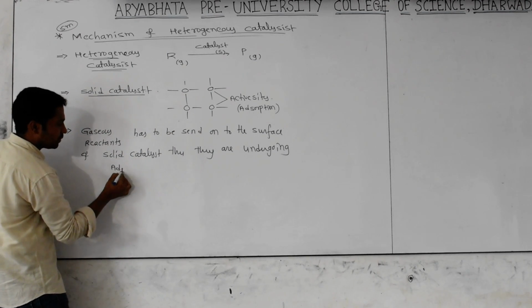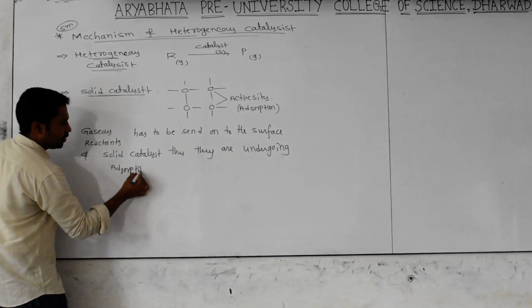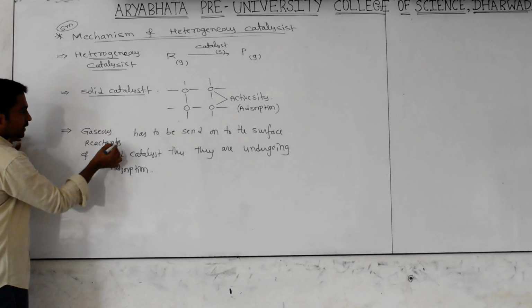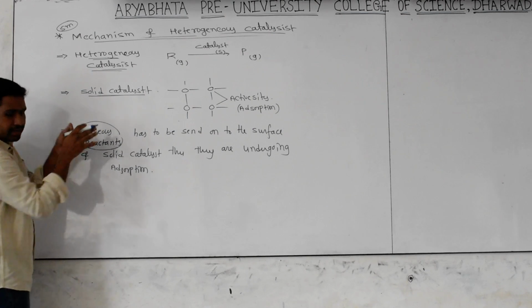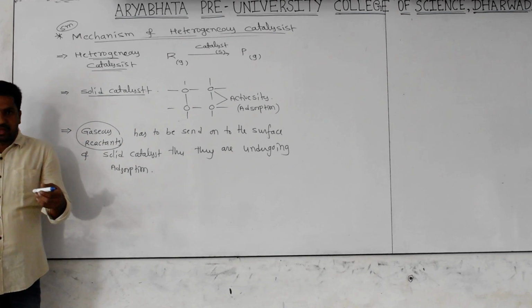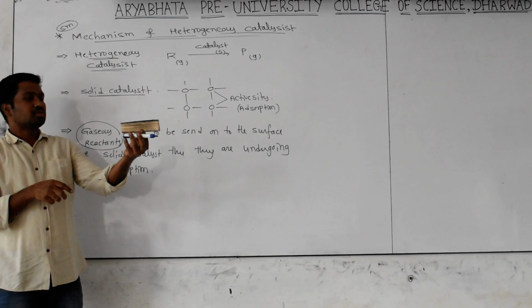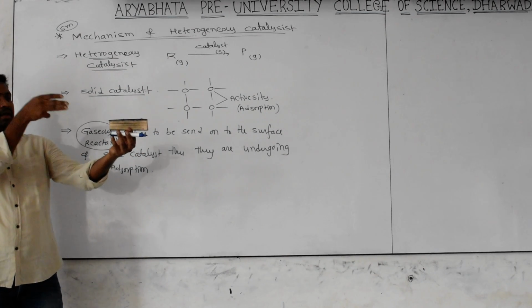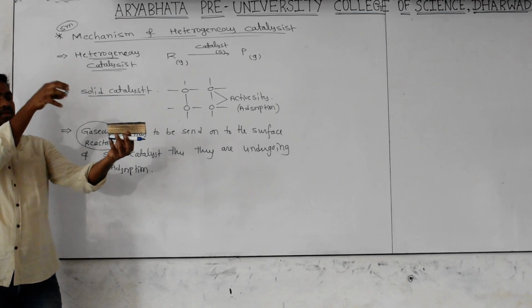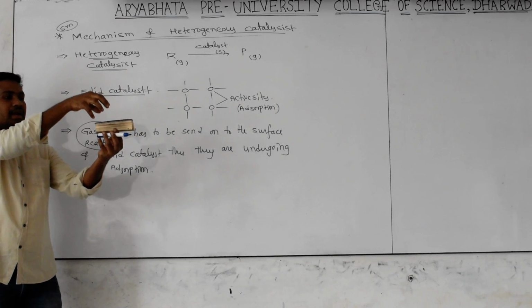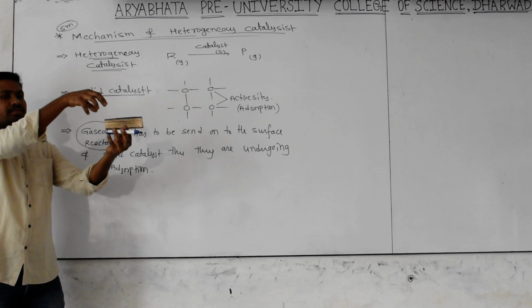How it happens, I am explaining, you see carefully. Do you get my point? Gaseous reactant materials we send onto the surface of the solid catalyst like this. For example, you take a solid catalyst, and onto it I send reacting particles. They are in which phase? Gas phase. Definitely, this gas particle will stick at the active sites on the surface of the catalyst.